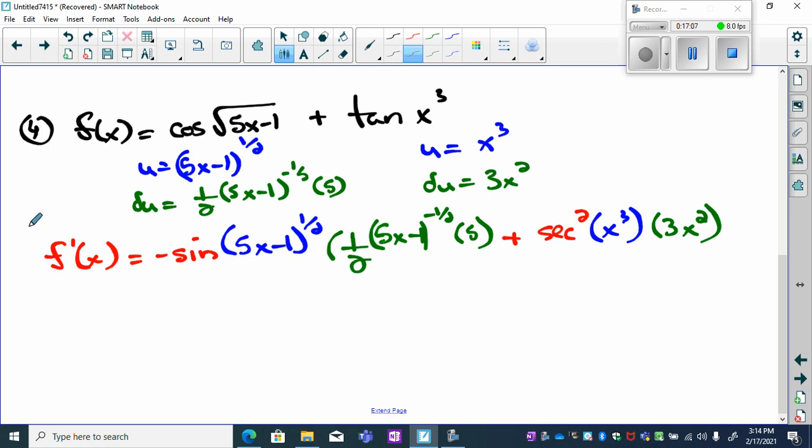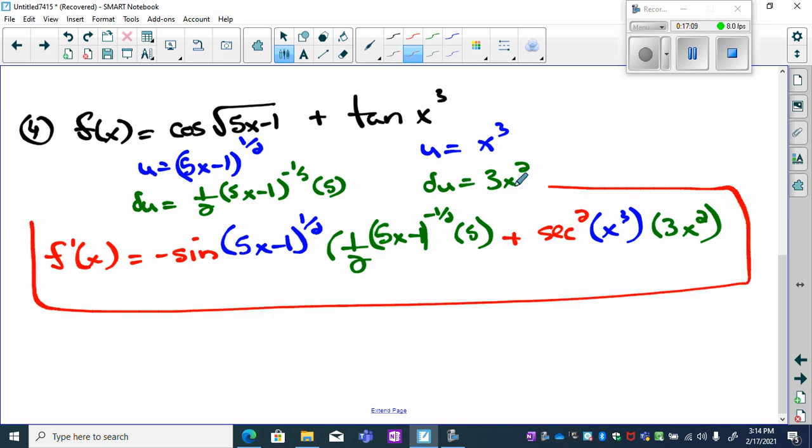And that is the derivative. It doesn't have to be simplified. There's my final answer.